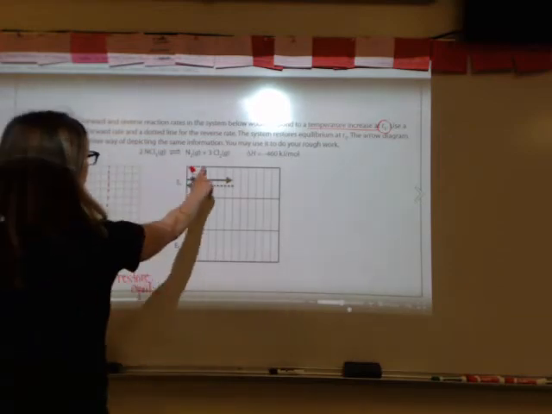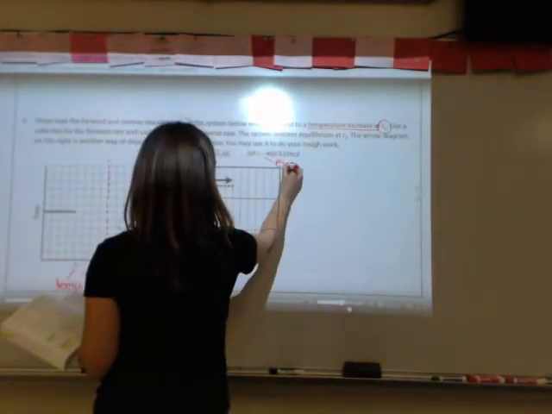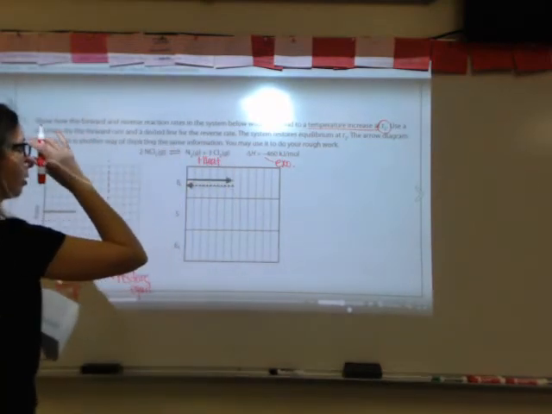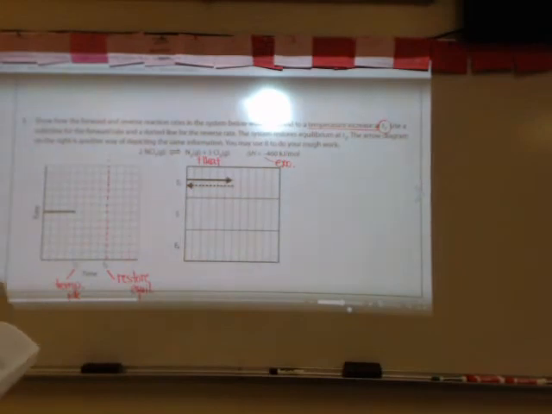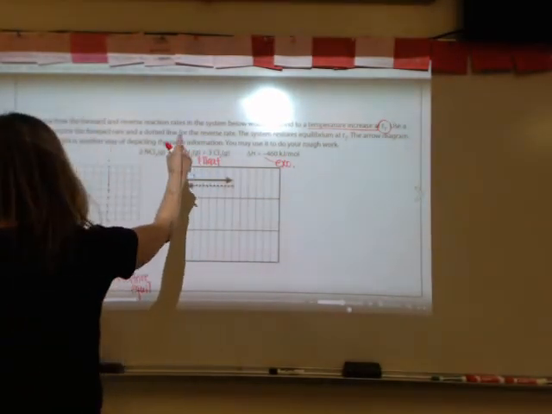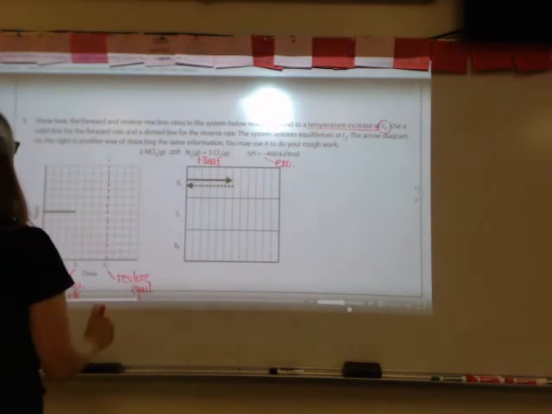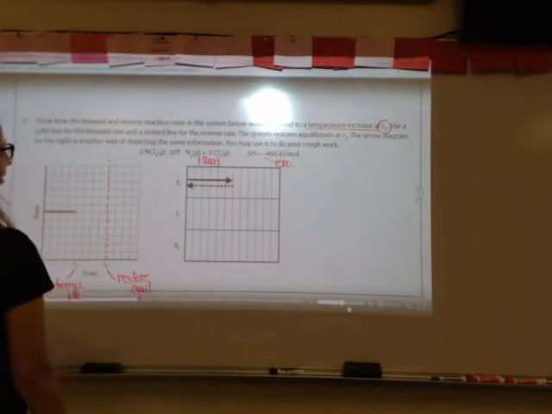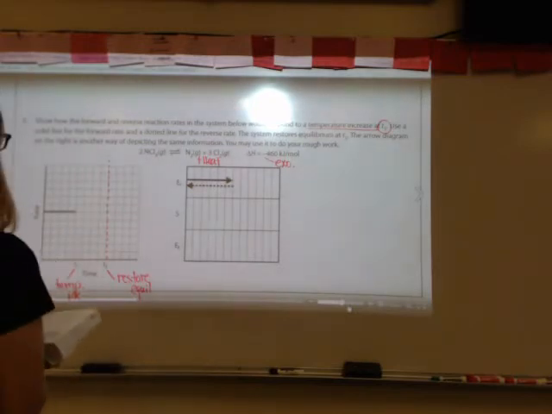Okay, here's my reaction. This is exothermic, which means heat is a product. So if I'm increasing the temperature, I've got to consume some of that extra heat. There's a temperature increase at T1.